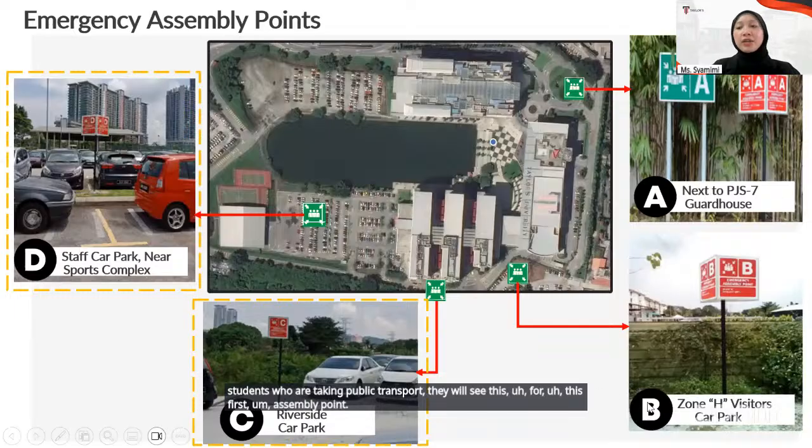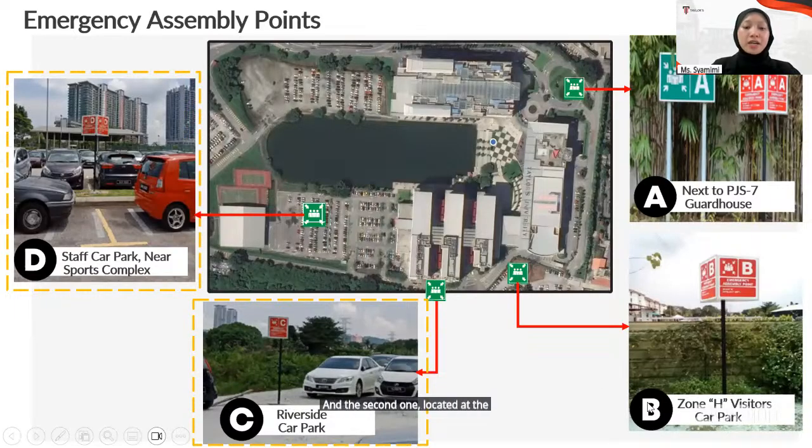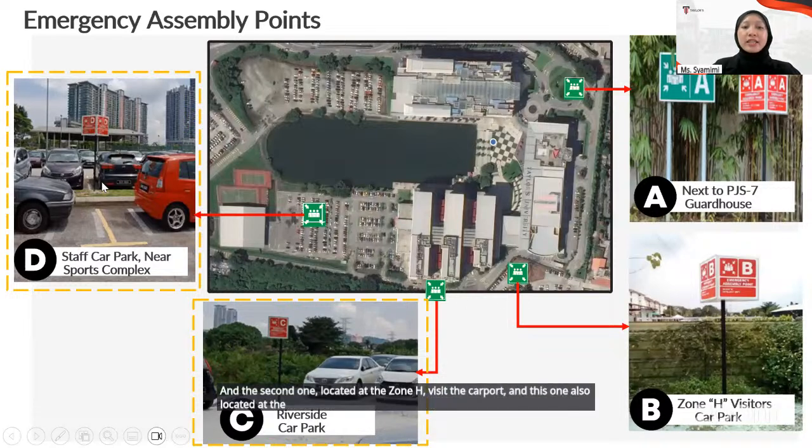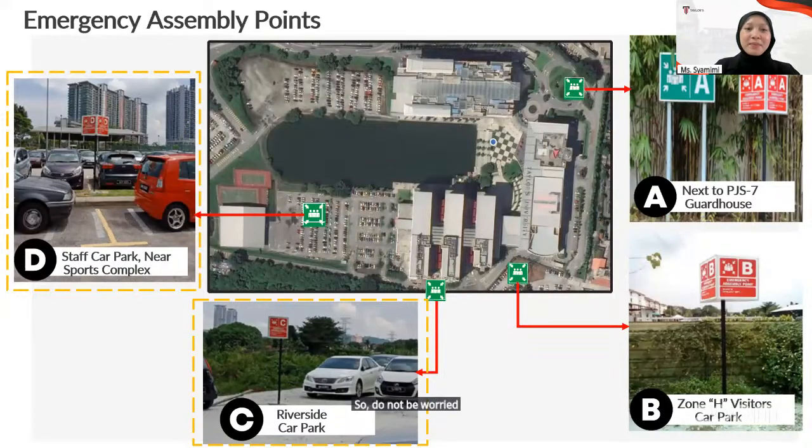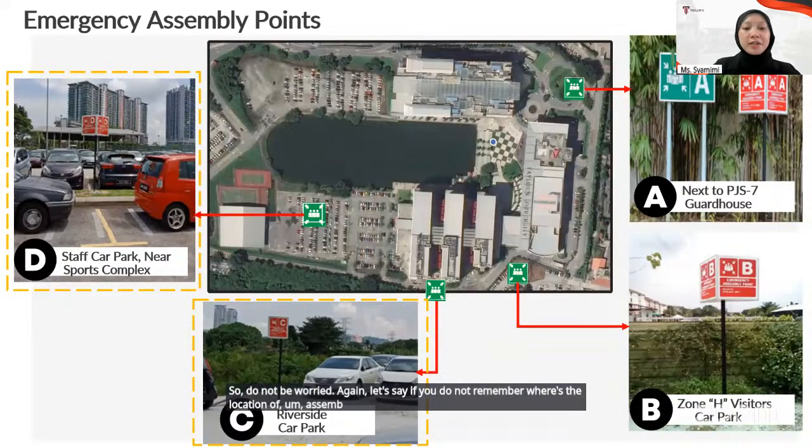The second one is located at the Zone H visitor car park. The third is also located at a car park, and the fourth is located after Block E, at the open staff car park. Do not be worried. If you do not remember where the assembly point is, there will be a fire marshal on standby to guide you to the assembly point.